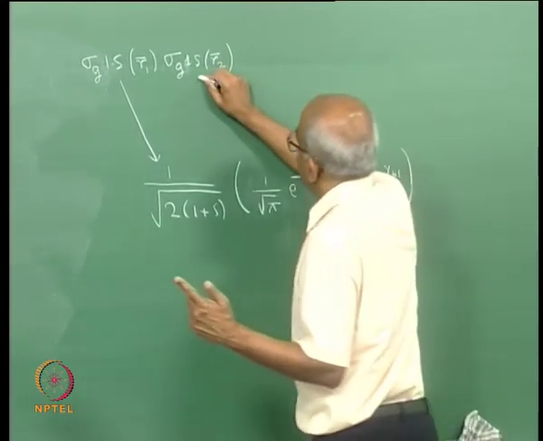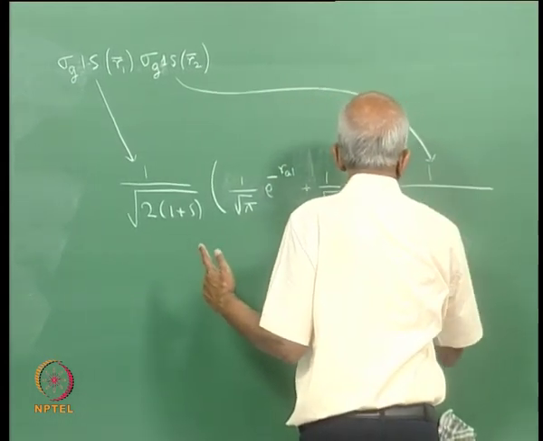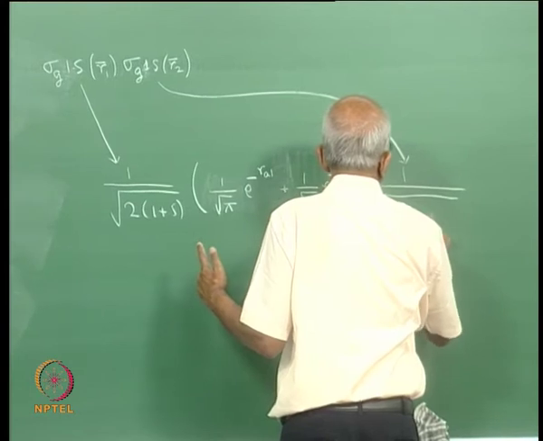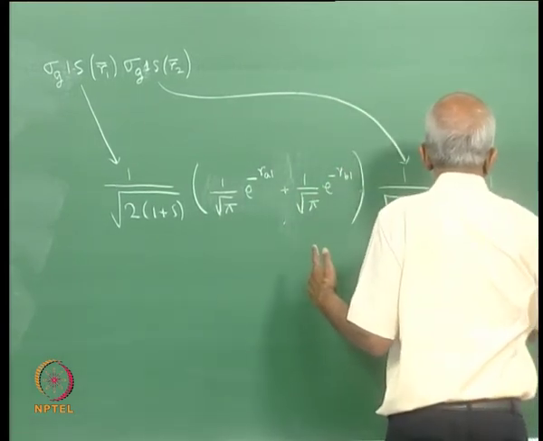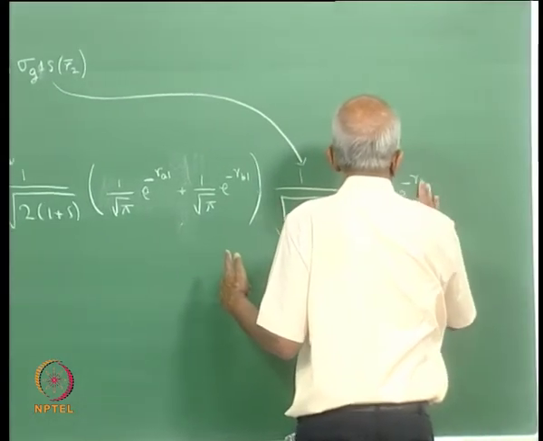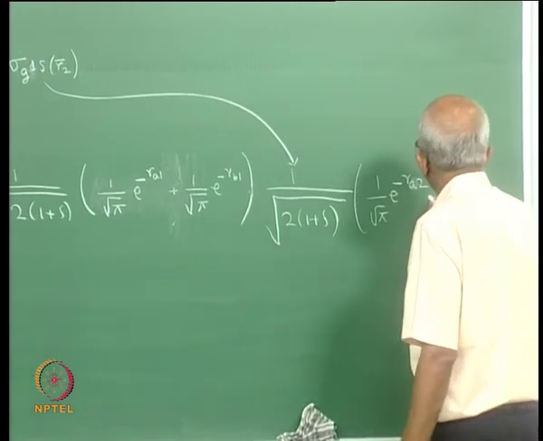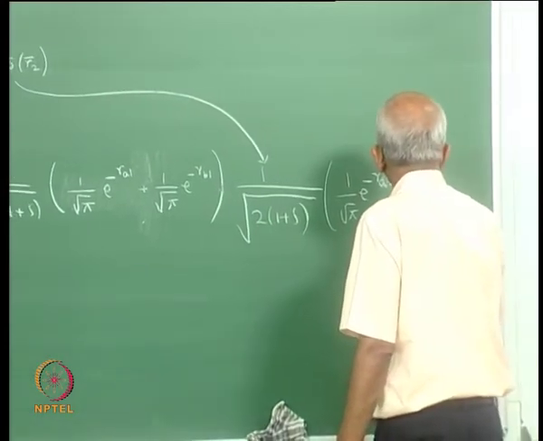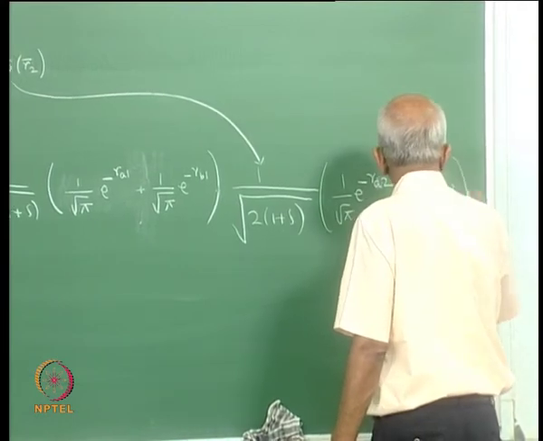And similarly, the expression for the second electron is going to be similar. You are going to get 1 by square root of 2 into 1 plus S, times 1 by square root of pi e to the power of minus R A2, because I am concerned with the second electron, plus 1 by square root of pi e to the power of minus R B2.